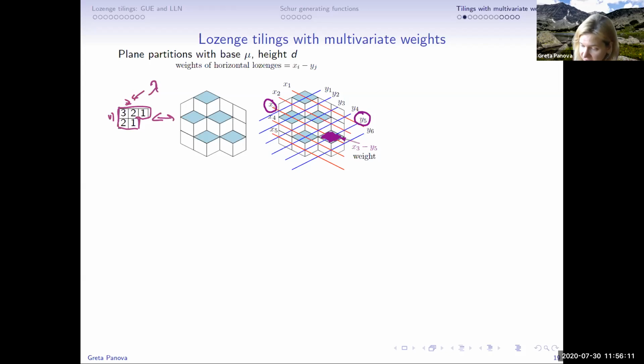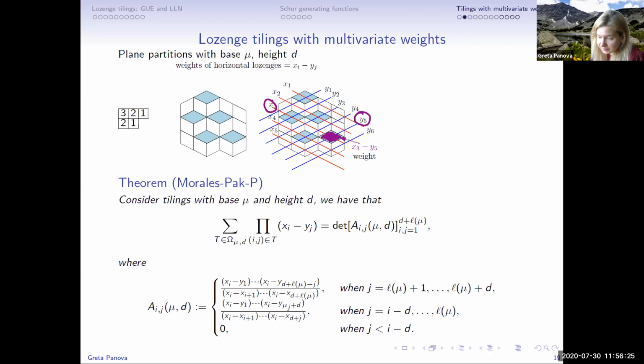The 3D picture just says that this tree corresponds to the height of this lozenge over here. This is 3, this is 2, 2, 1. So now, if we are looking at, for example, tilings with height d and base mu, so what does this look like?